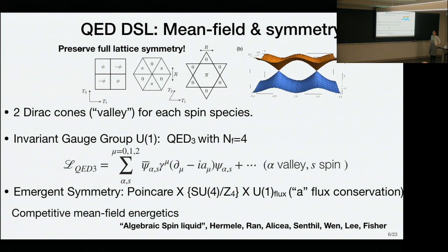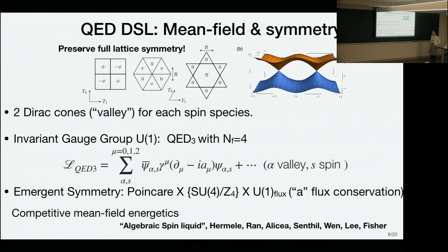And the low energy theory is described by this 3-dimensional quantum electrodynamics, namely 4 flavors of Dirac fermions coupled to the invariant gauge group U1, so coupled to a photon excitation. And there is an enlarged emergent symmetry at low energy, namely, besides this Lorentz group, there is also this SU4 flavor rotation that connects all the 4 Dirac fermions.